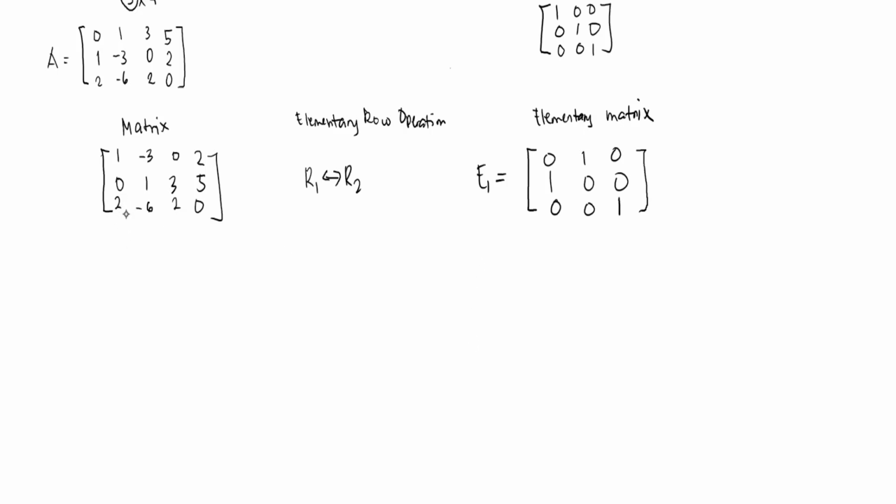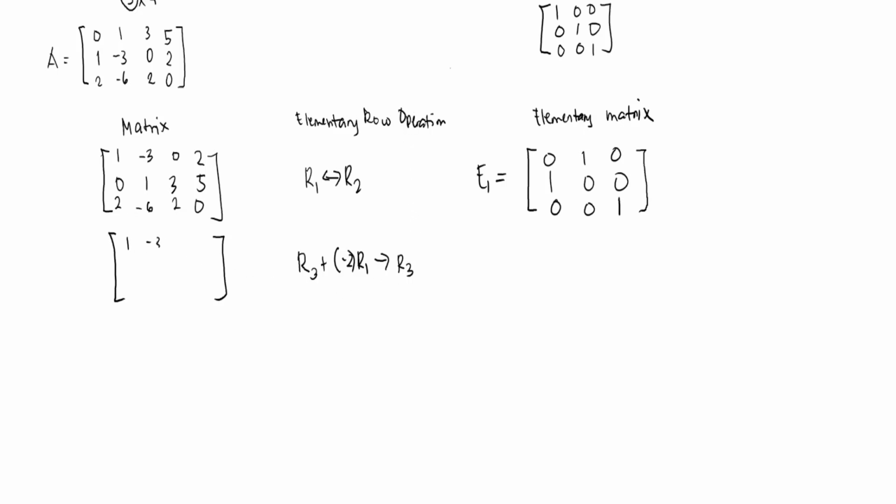Next, we want this entry to be 0. So what we do is multiply row 1 by negative 2 and then add to row 3 to get the new row 3. That is one elementary row operation.